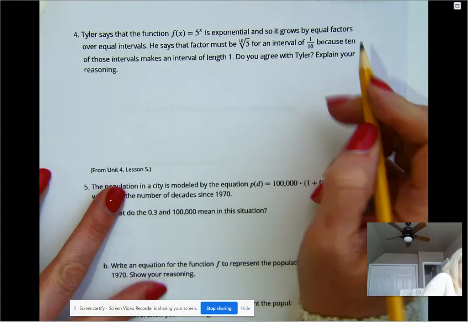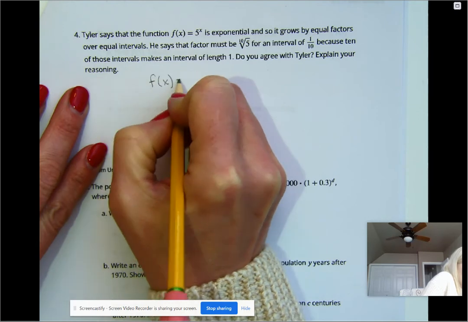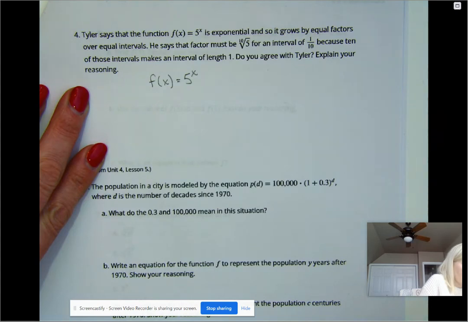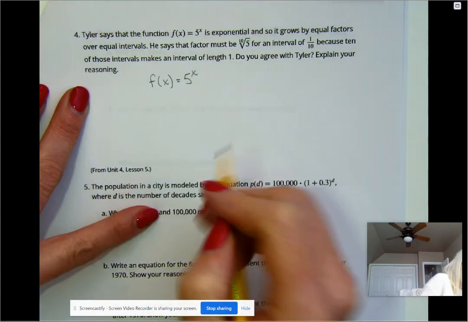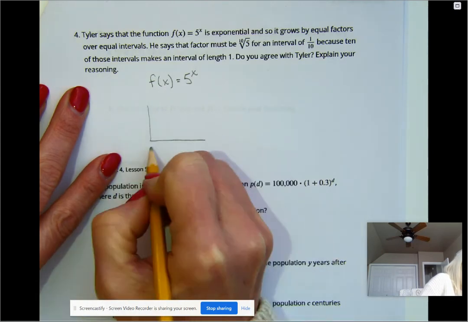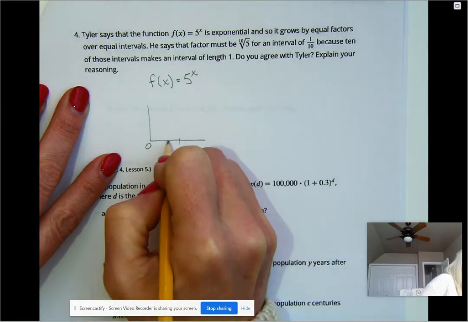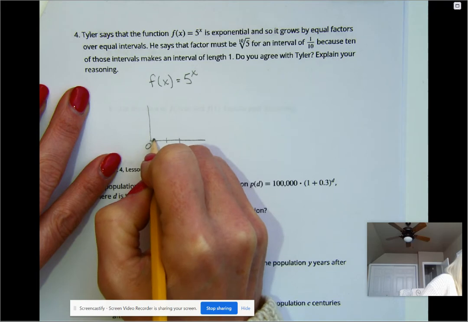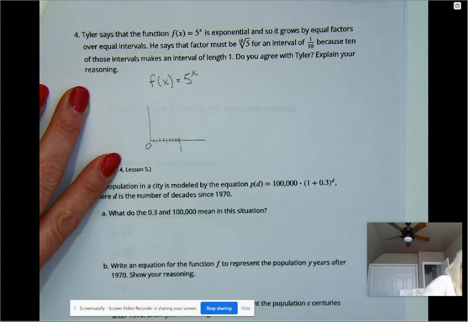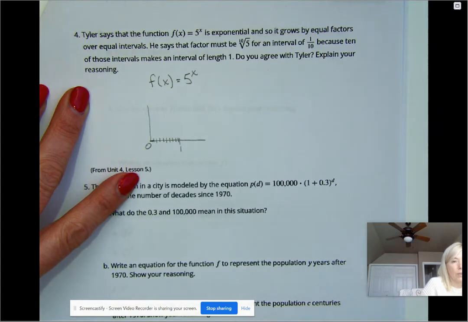Okay, so if I know I have f of x equals 5 to the x, what he's saying here is that if you take an interval of 1 and you split it up into 10, then this tiny space right here is 1/10 of that interval, right?